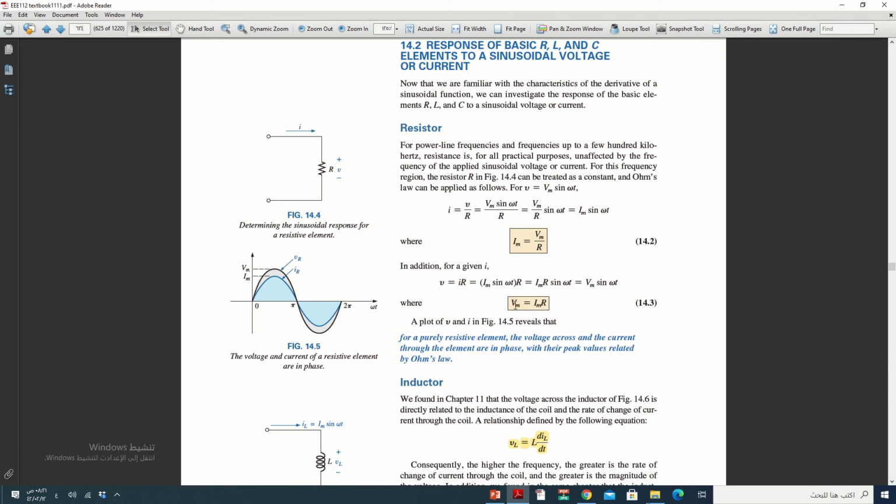We need to understand that for a purely resistive element, the voltage across and the current through the element are in phase. What does in phase mean? This means the voltage and current in the resistor will start from the same point.